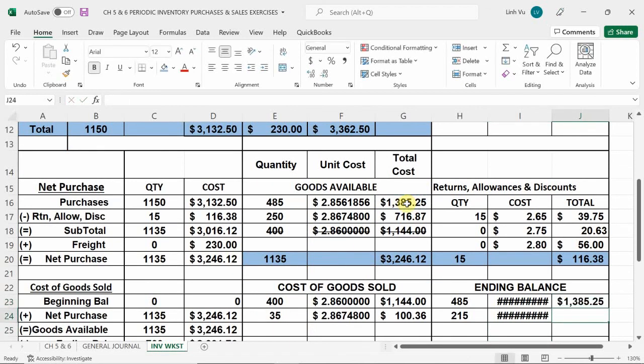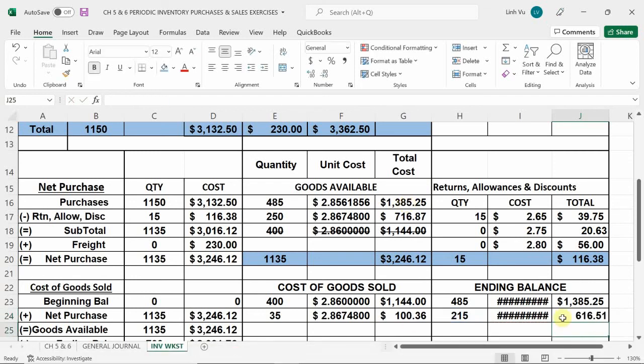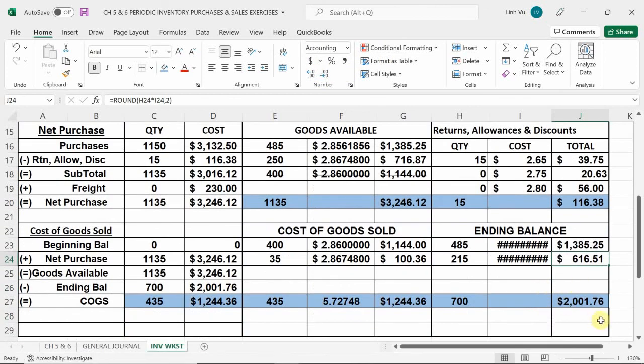You're going to get this amount, and this is going to be an equal round to get you 6, 16, 15, which should give you your 2,001.76. Whichever way that you solve for it, at the end of the day, this is what your outcome is going to be.